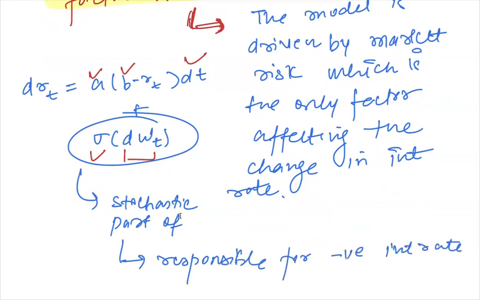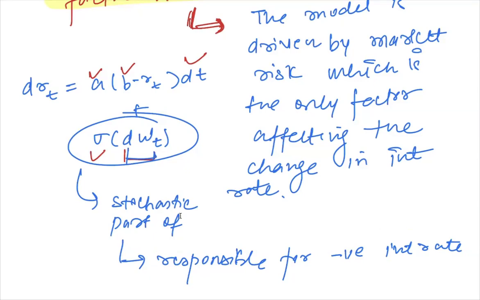Stochastic, because if you remember what the dWt term was, we were generating random numbers from a standard normal distribution. That's why it is responsible for generating negative interest rates.